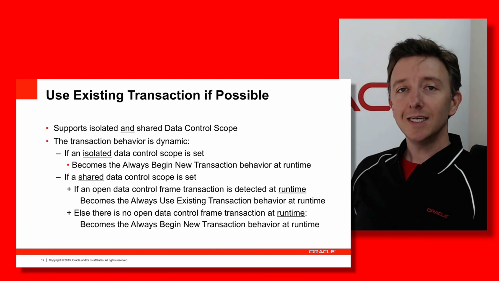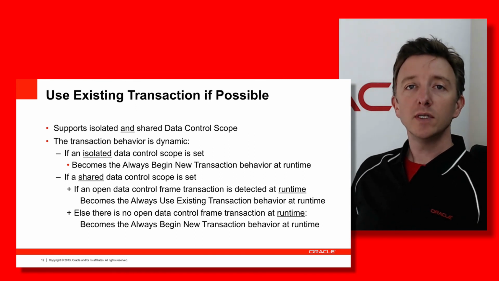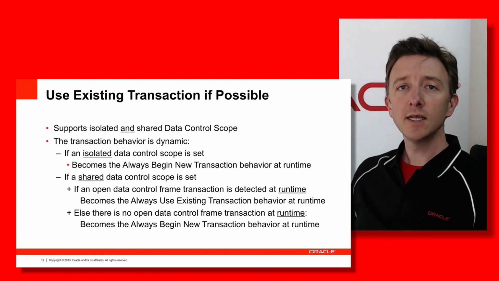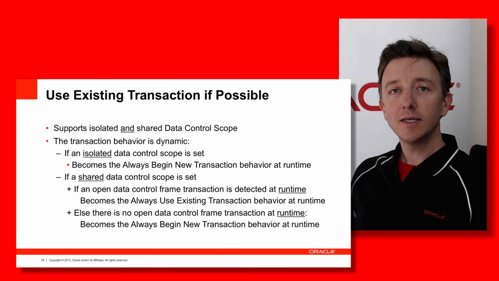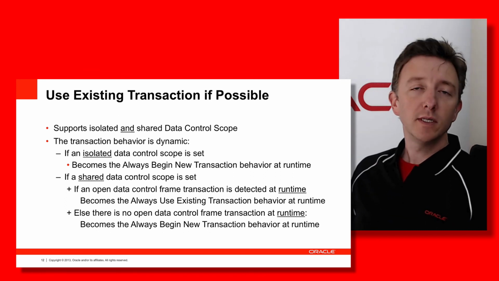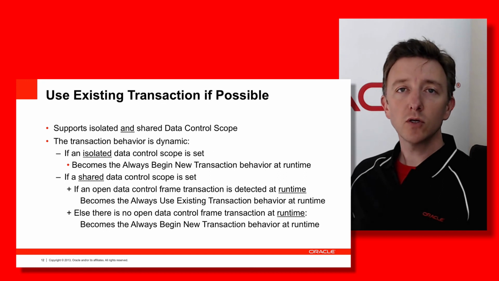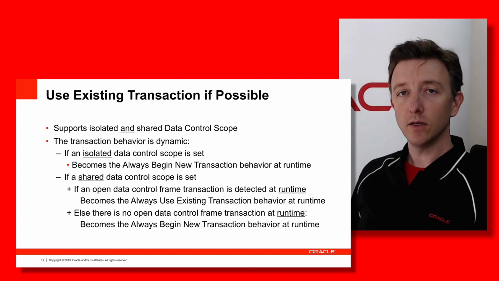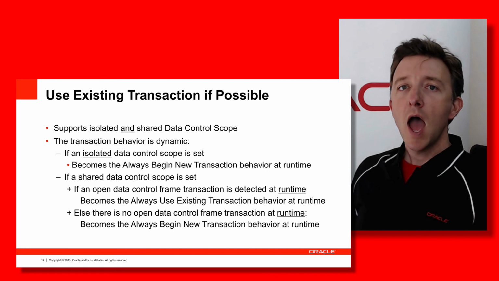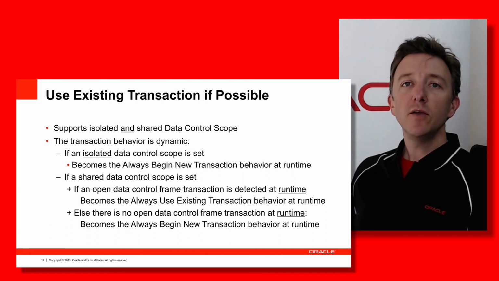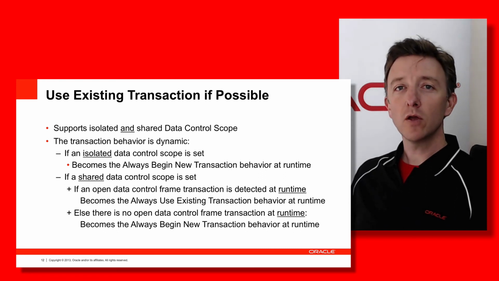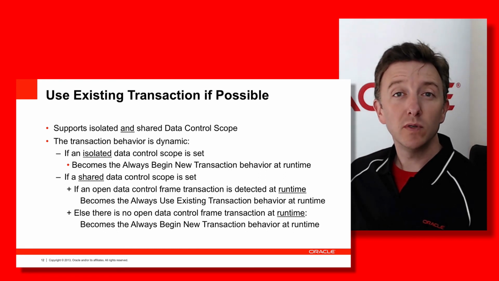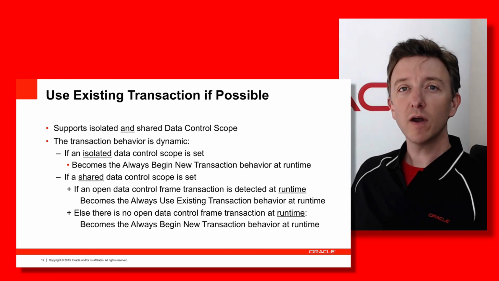It doesn't really care. It doesn't have really high morals on what it's going to do. So how it works is at runtime, if you call this bounded task flow that has the use existing transaction if possible option turned on, and also it has an isolated data control scope, then what this option will do is it will default at runtime to the same behavior as always begin new transaction. However, at runtime, if you have this option set on and you have a shared data control scope, then what actually occurs is really dependent on what's happening on the data control frame.